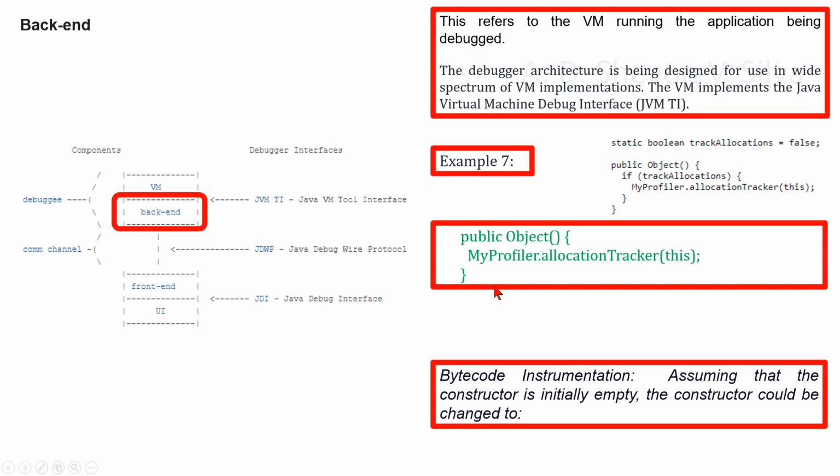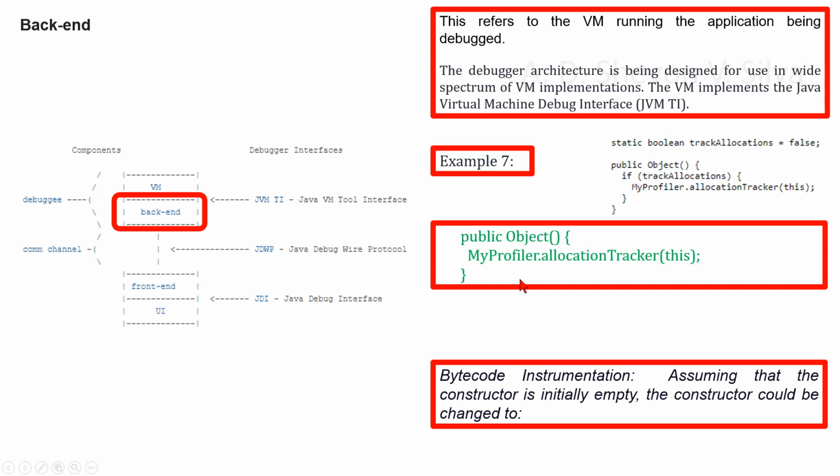However, if this change was made during the ClassFileLoadHook event, then this might impact a typical VM as follows. The first created object will call the constructor, causing a class load of MyProfiler, which will then cause object creation. And since MyProfiler isn't loaded yet, infinite recursion, resulting in a stack overflow.